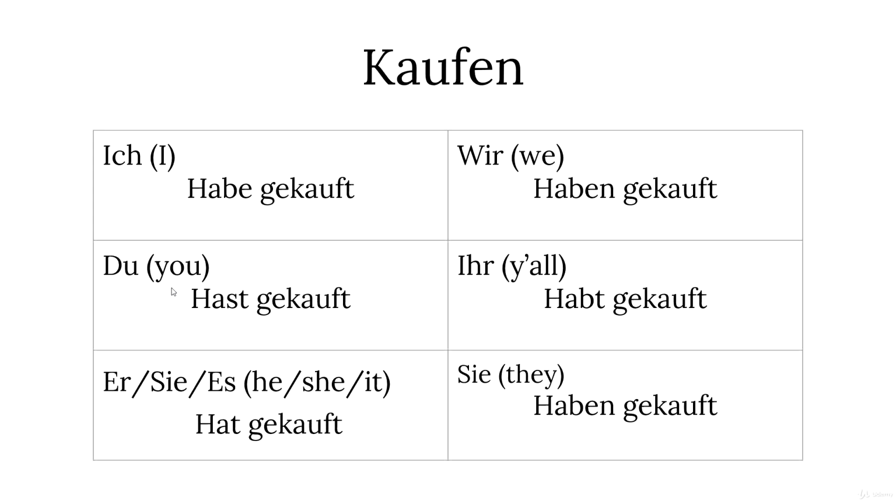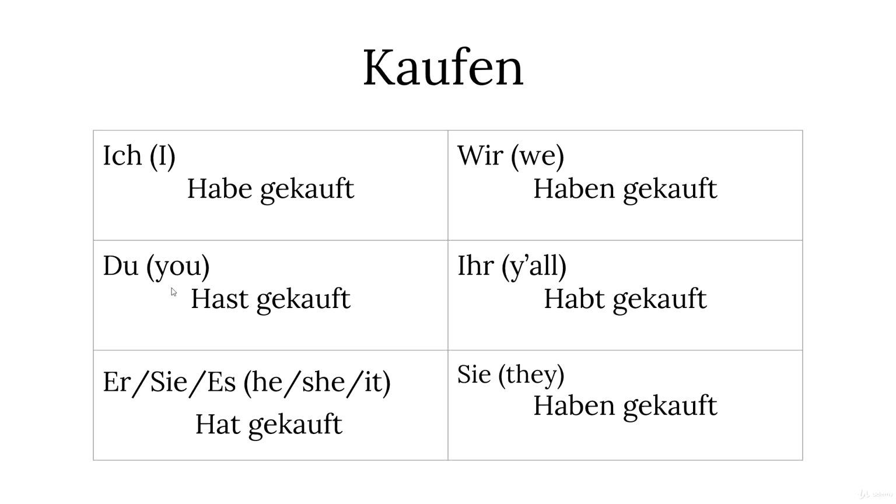Let's try with another verb, kaufen, which means to buy. Kaufen takes the verb haben. And only the verb haben is going to change. The past form of the verb kaufen stays the same. Ich habe gekauft. I bought. Du hast gekauft.